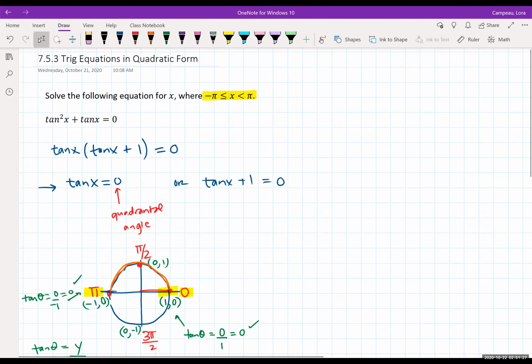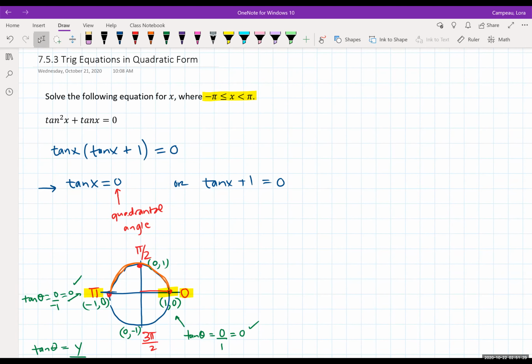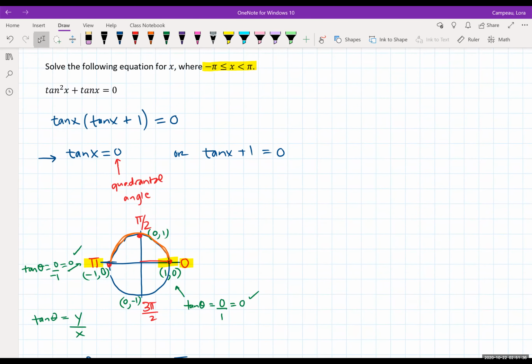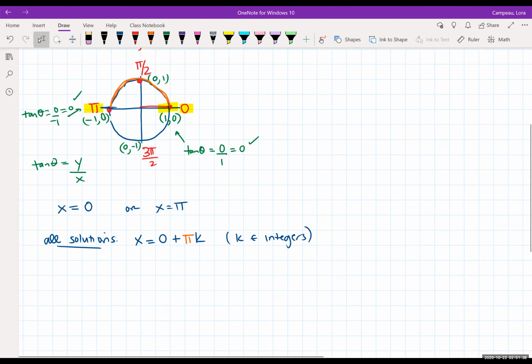Do they want it to be in between? x is supposed to be between negative pi and positive pi. It can include negative pi, but it cannot include positive pi. So if I have to include a negative number, and I am starting at 0, I'm going to try k with negative numbers.